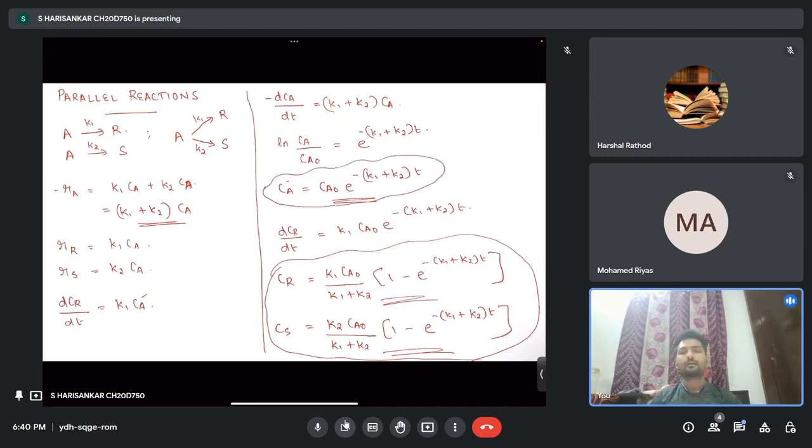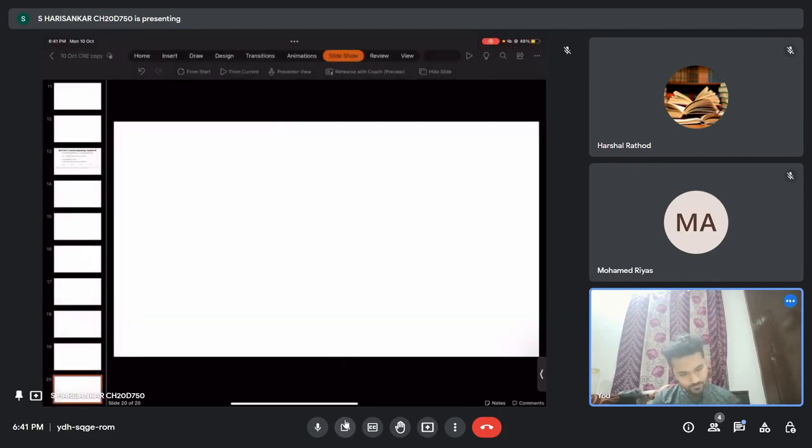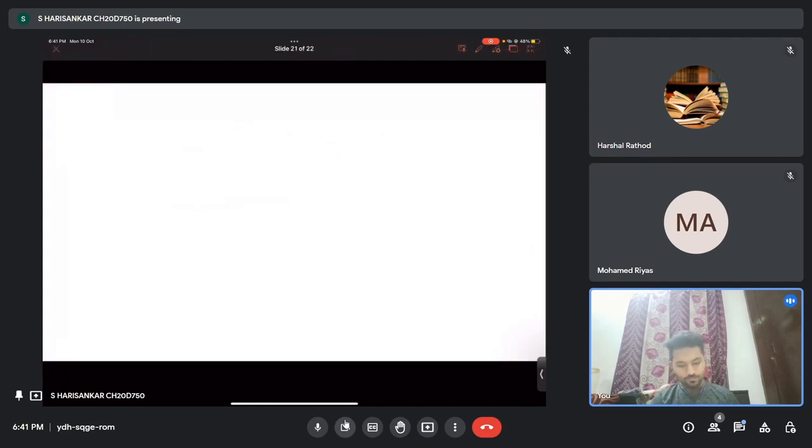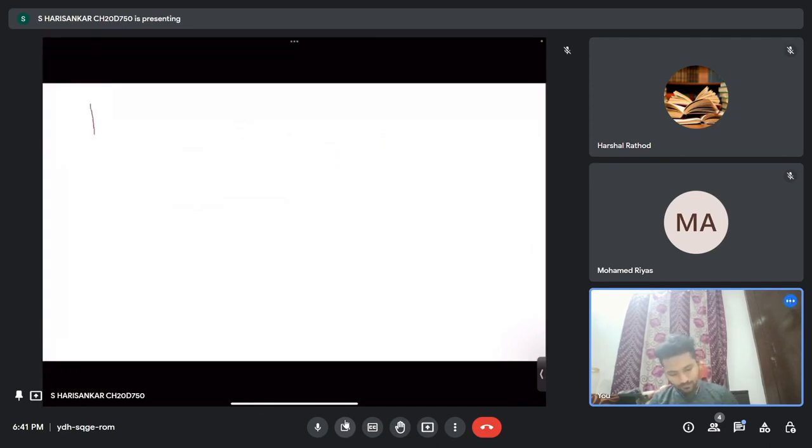So similar to the last case, we found equations for the concentration of A, R and S. And just like last time, we'll plot the concentrations against time. So this is time t and this is concentrations Ca, Cr and Cs.